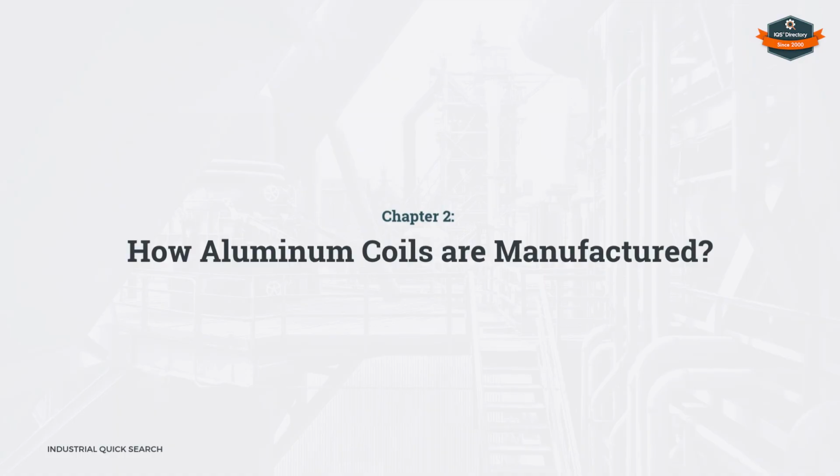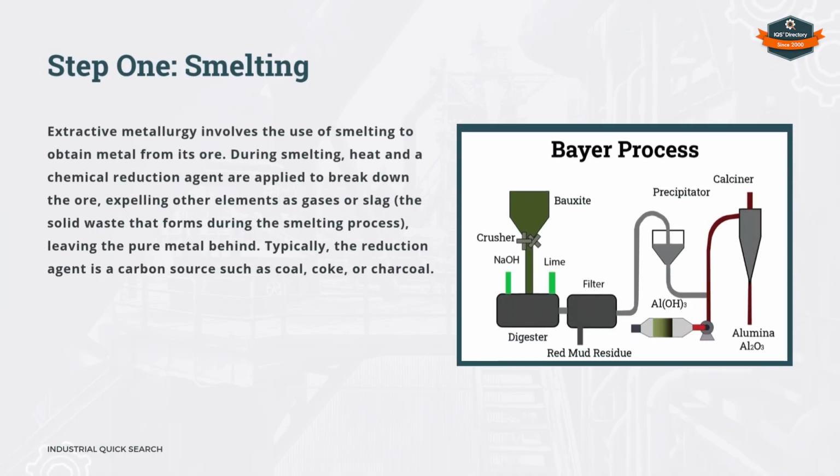Chapter 2. How aluminum coils are manufactured. Step 1. Smelting.